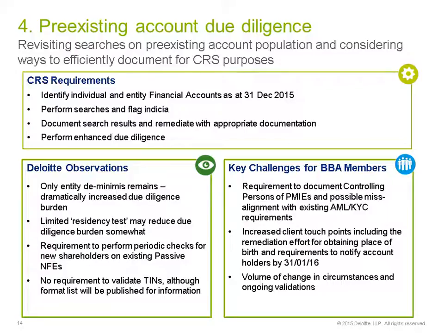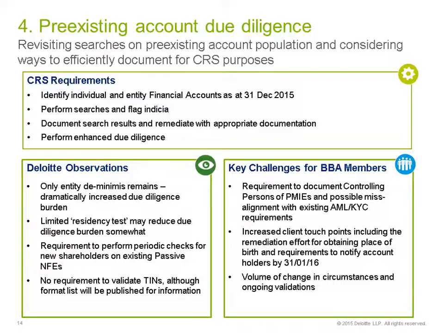One of the key points to note under CRS, and one that has caused a lot of debate, is around the de minimis threshold. So the entity de minimis threshold, which existed under FATCA of $50,000, has been removed.